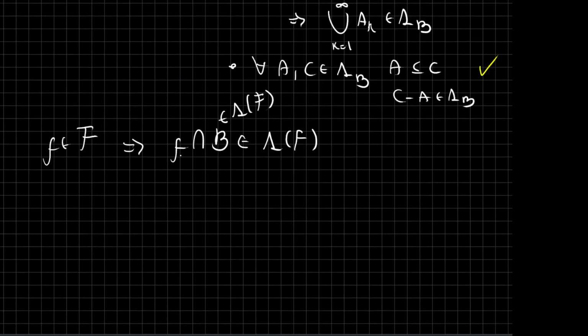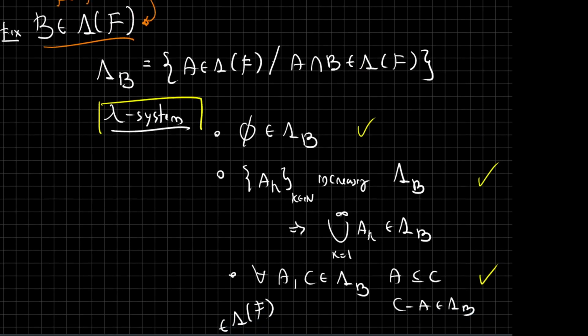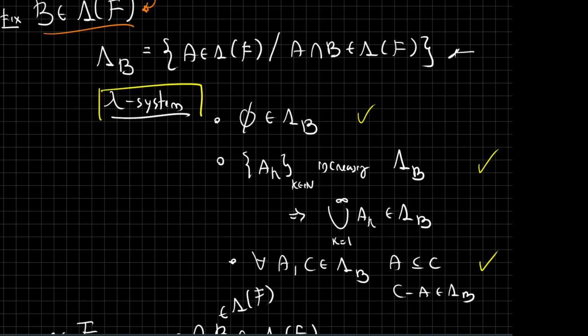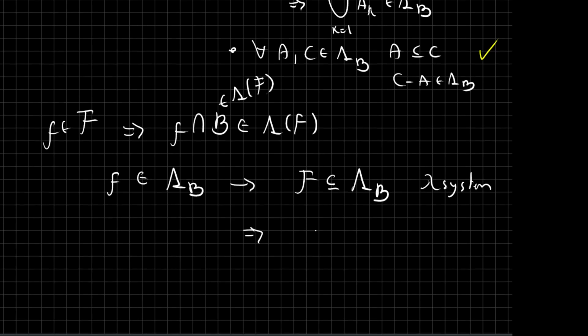So we have that f is inside, or else this lower letter f is inside this thing, and that happens by definition once again of the set. So this implies that f is included inside this, which is a lambda system, and then by minimality of the generated, this will mean that the generated is inside this thing here.